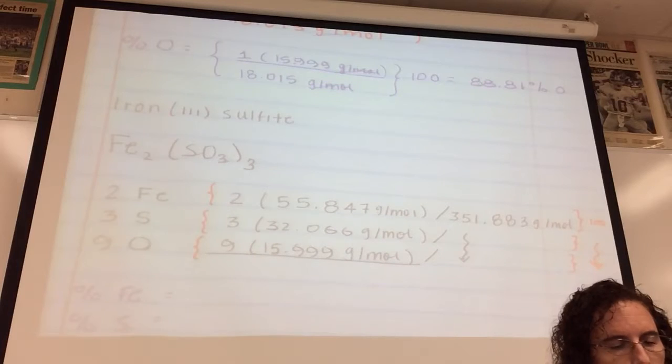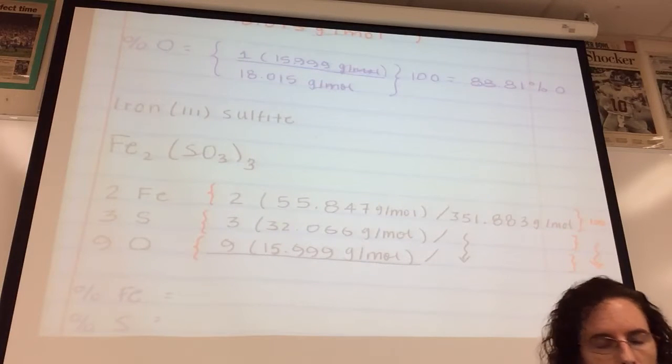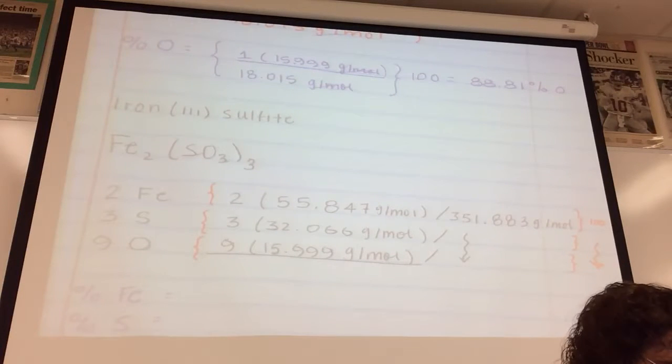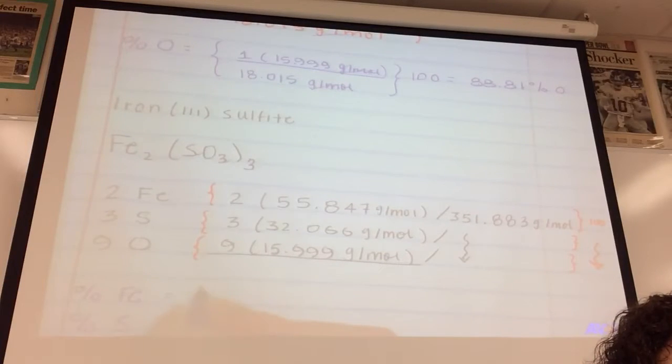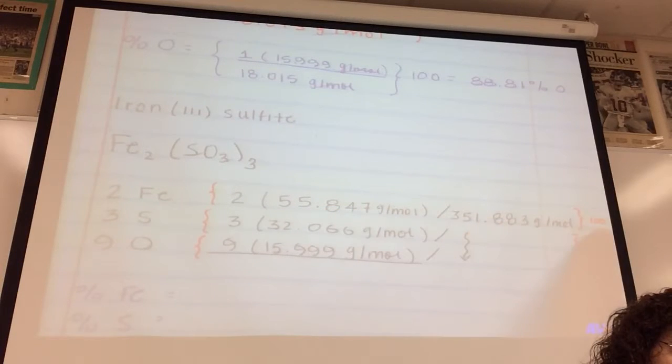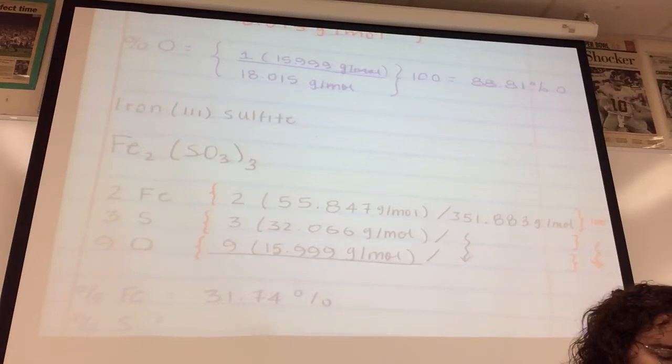So some of you may prefer that, because you don't want to write the same thing over and over again. That's a waste of time. So this times this divided by this, and then times 100 is 31.74%. And again, I usually ask for the 100th place.